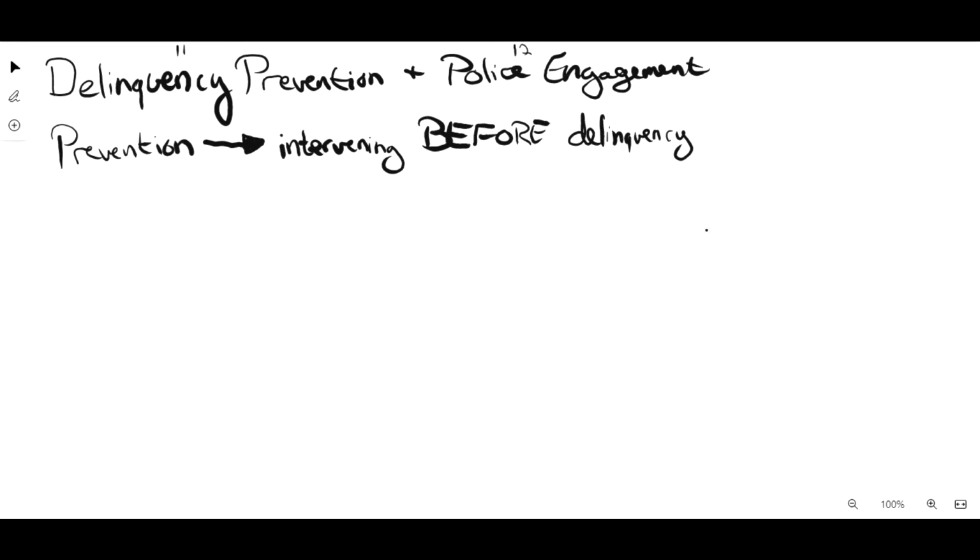So prevention is intervening before delinquency. The idea is that to have prevention, you're stopping it from even starting.